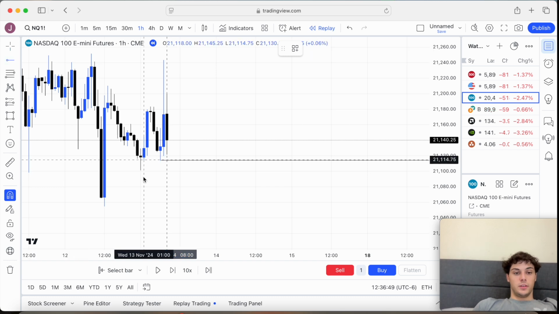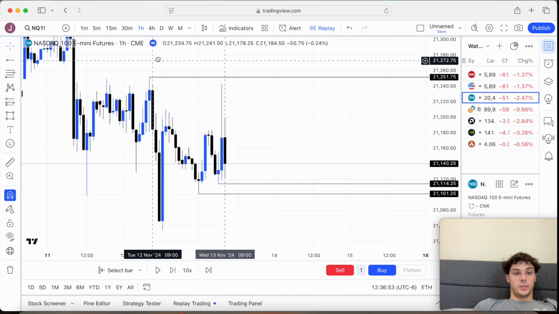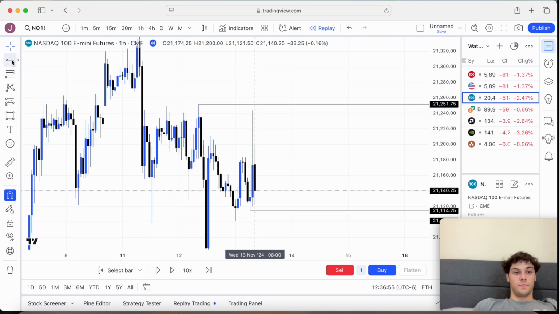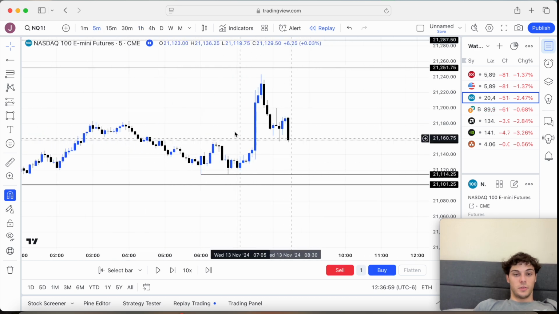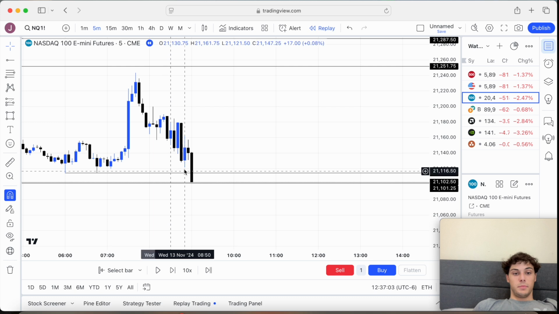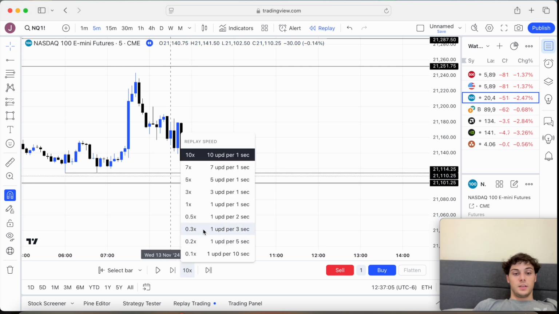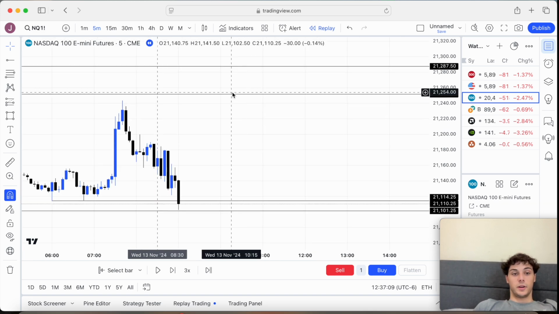We have this hourly, this right here. We're waiting for one of them to get hit. Bam. Buy side gets hit, so now we're aiming for this.